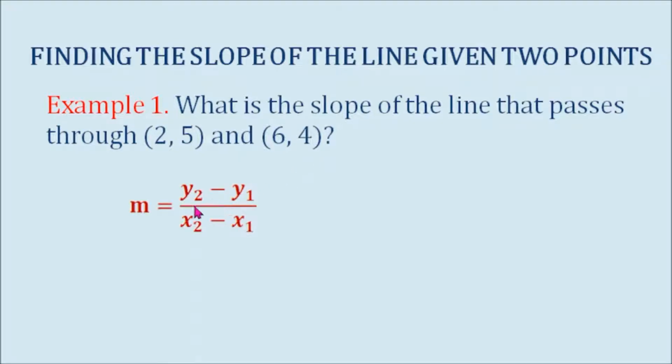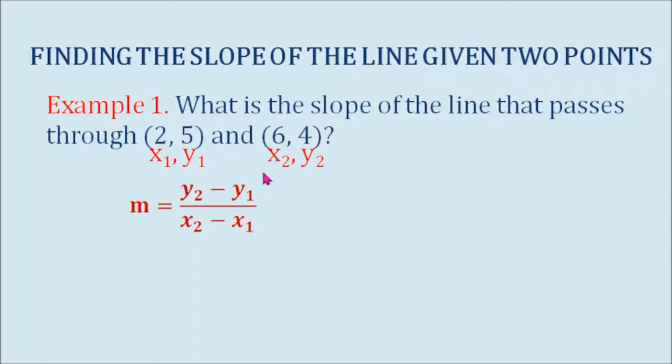So this is our formula. M equals y sub 2 minus y sub 1 over x sub 2 minus x sub 1. We can assign 2 as x sub 1, 5 as y sub 1, 6 as x sub 2, and 4 as y sub 2.